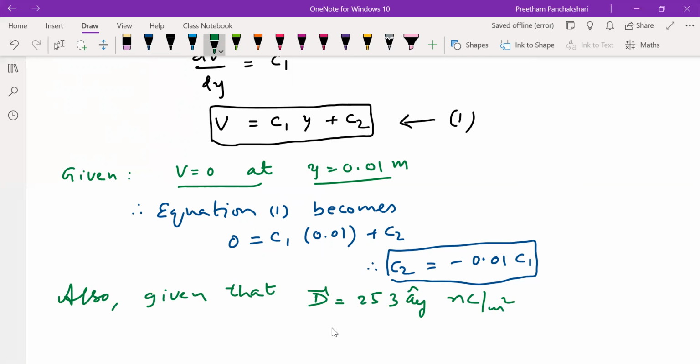So if we find an equation for D, we can substitute this numerical value 253 into that one.